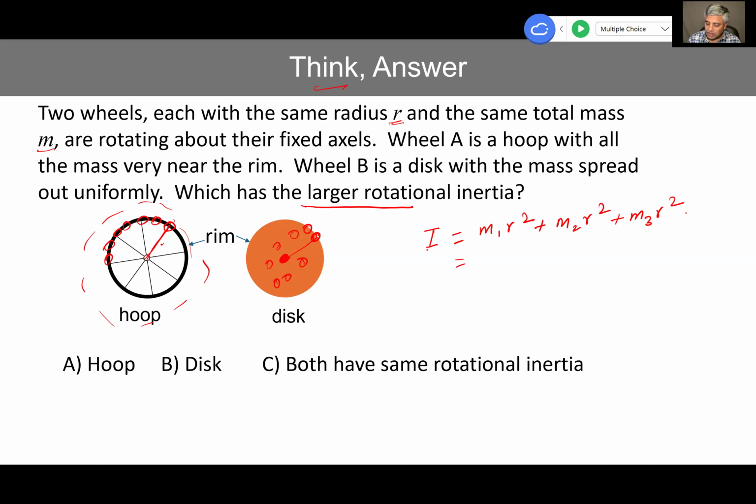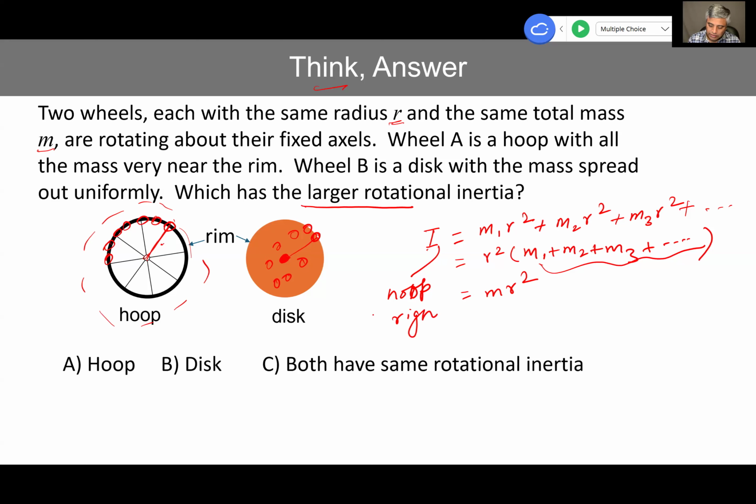If we add all of them, we get an r square factor, and then we have m1 plus m2 plus m3 and so on. So this whole thing is the total mass. That's why it is just mr square. That's for a hoop or ring.